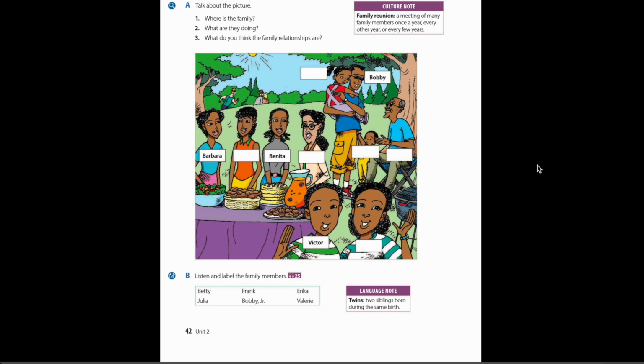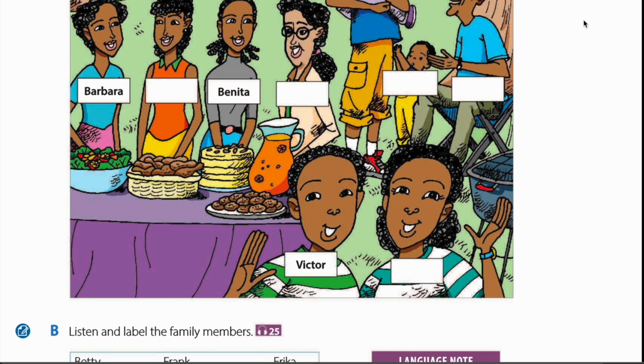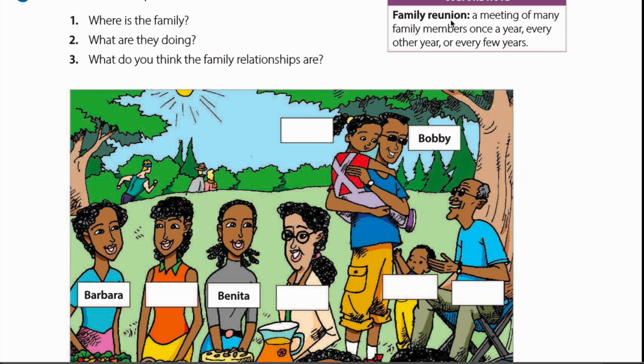All right, page 42, it's a listening activity. Okay, so these people are having a family reunion. A family reunion is a meeting of many family members once a year, every other year, or every few years, or twice a year, you know, it depends.